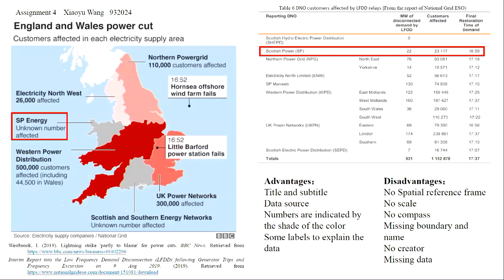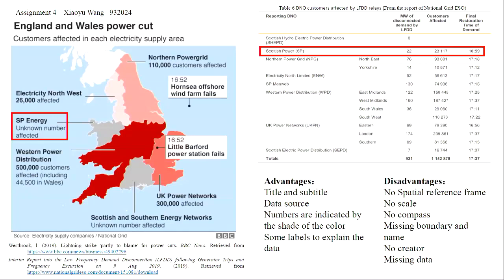I didn't find a similar map in their source, but I found some data from the report of National Grid, which is shown in this table. Compared with the map, the table is more detailed and the map missed some data. For example, the number of people affected in SP Energy. It's marked as unknown in this paper, but we could find the number in this table.